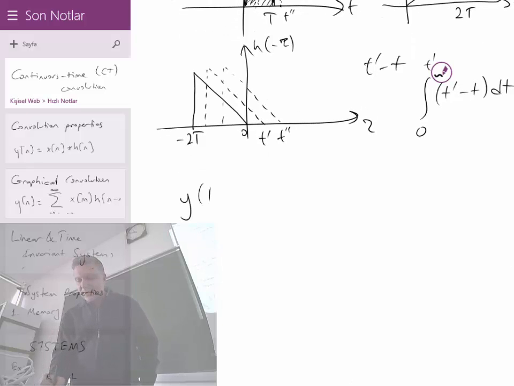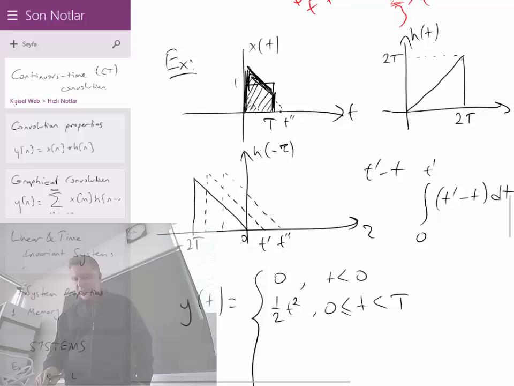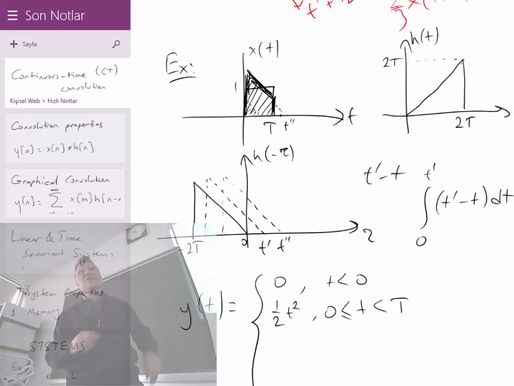The result is like this: y of t is equal to a large square curly parentheses, of course 0 for t less than 0, and it's equal to 1 over 2 t square if t is greater than or equal to 0, but less than capital T. Because if I go beyond capital T, as you see, it will become a different shape. It won't be a triangle anymore.